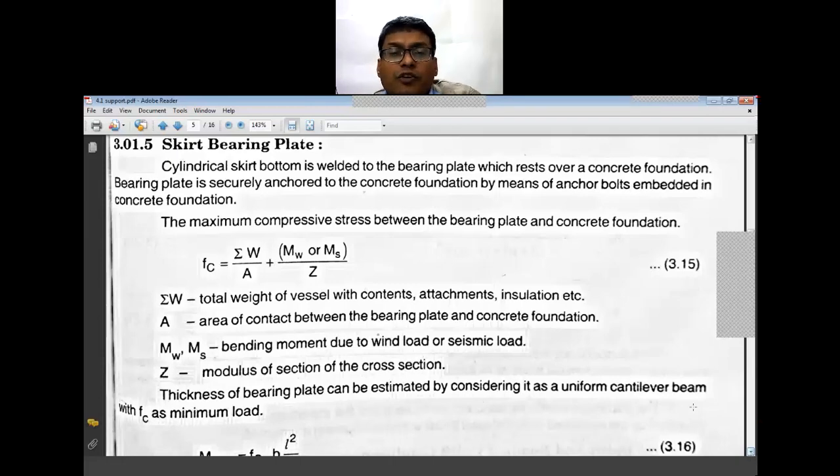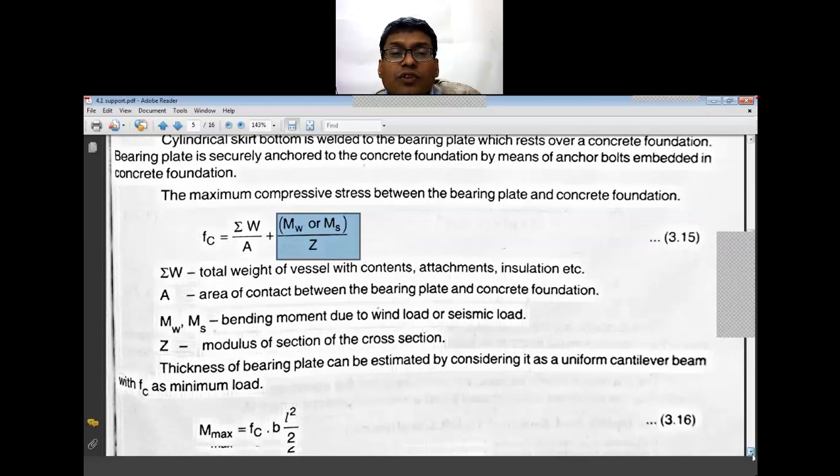So it is the summation of W upon the area, that is pi into DSK into TSK, plus the bending moment because of the wind or the bending moment because of the seismic load upon the sectional modulus Z.